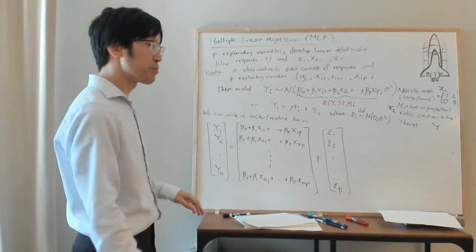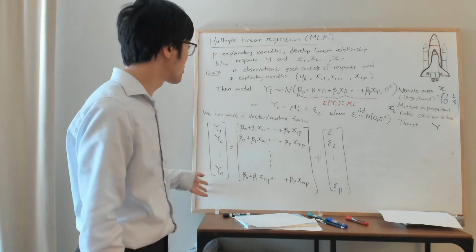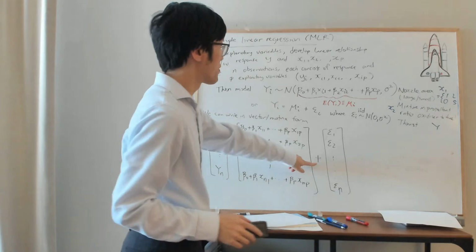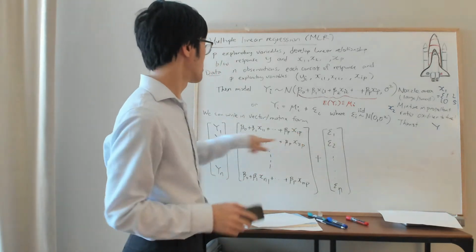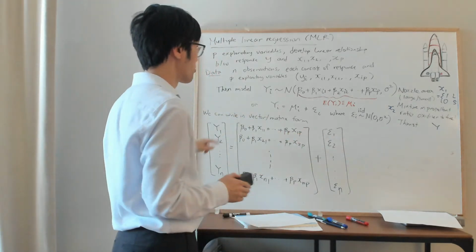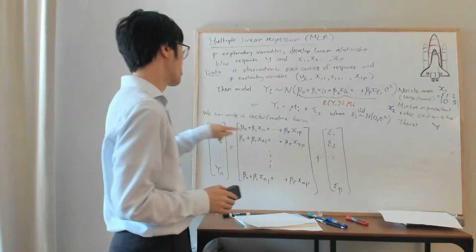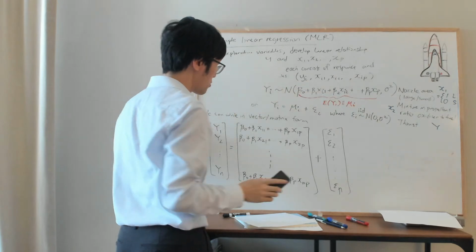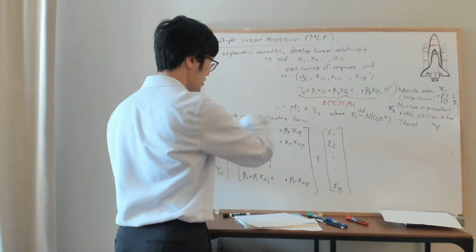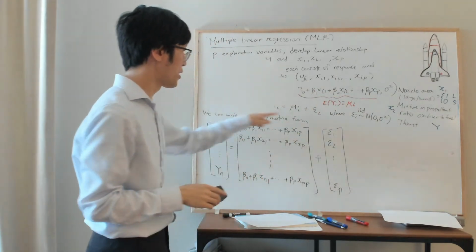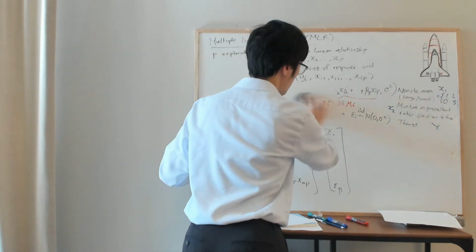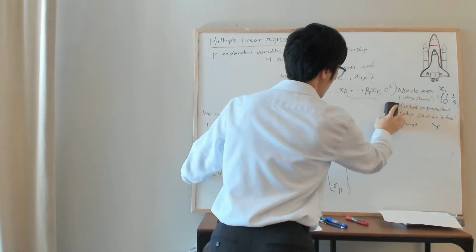So that's the first step to vectorizing this. This is just vector addition, where we're adding element by element. So y1 is this mean plus this error. The next step is to actually write this part as a matrix times a vector. Let me explain how that's done.